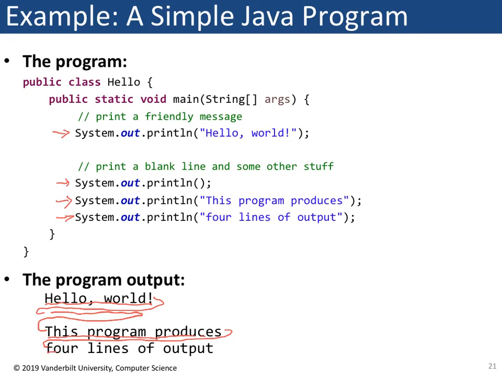So it writes 4 lines of output, and then there's a carriage return. So print line prints what's in the contents of the parentheses and a carriage return. Carriage return returns the cursor to the beginning of the next line down.